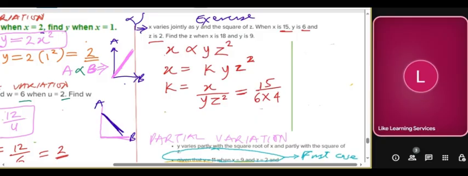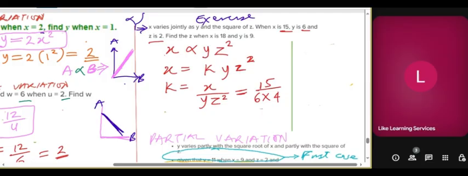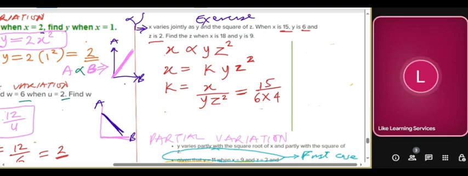What is 6 times 4? 24. I hope I substituted properly. x is 15, y is 6, and z is 2, the square of z.